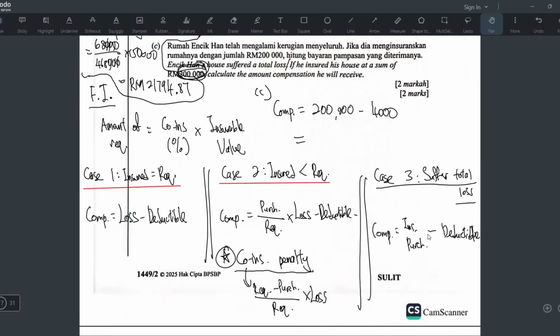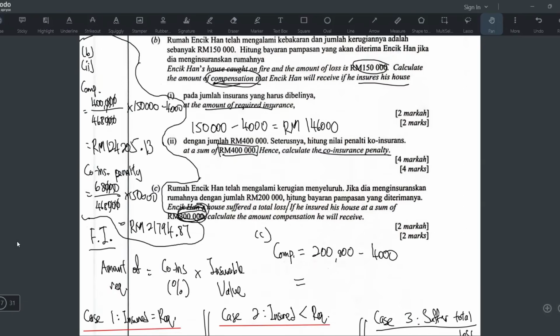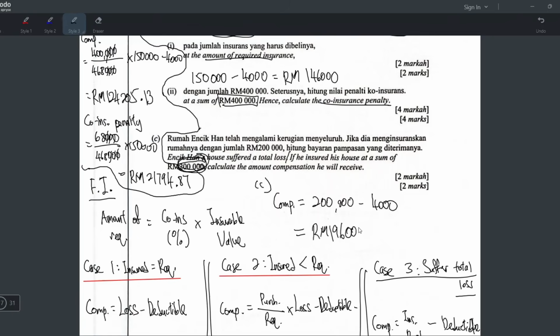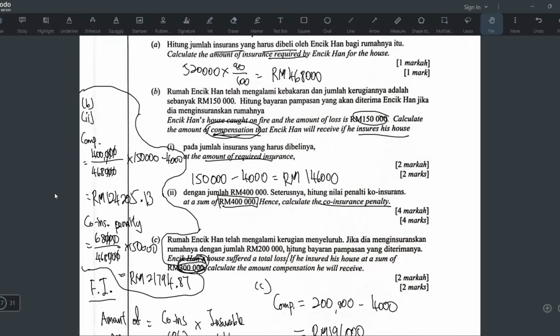Kalau case 3 kita tak buat macam ni. Kalau case 2 baru kita buat purchase over required darab loss minus deductible. Okay. So make sure you pandai bezakan case. Okay. Ya, pandai baca soalan and then tahu dia case yang mana. Alright, this one is 196,000. But let's write RM. Okay. So yeah. Okay, so ini jalan kira dia.